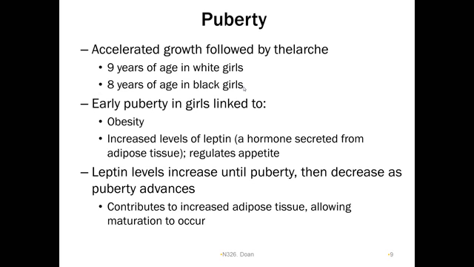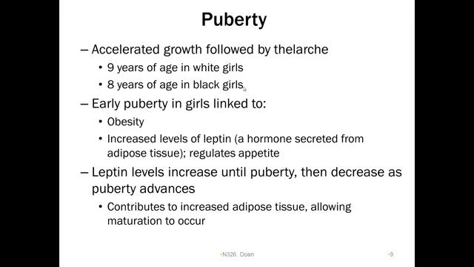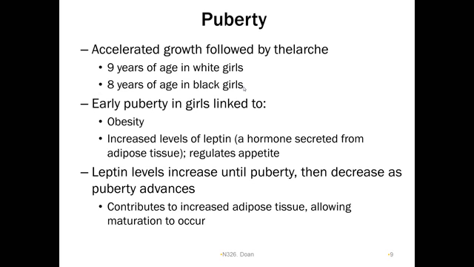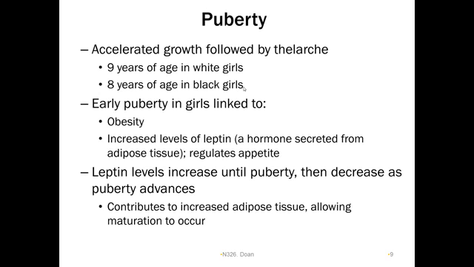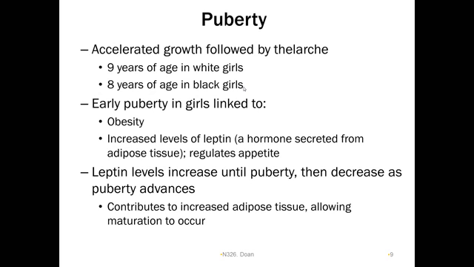So early puberty in girls is linked to obesity. It's perhaps because of higher estrogen levels related to leptin and gonadotropin secretion, while girls who have low body fat, reduced body weight, and who exercise a lot may experience delayed maturation.